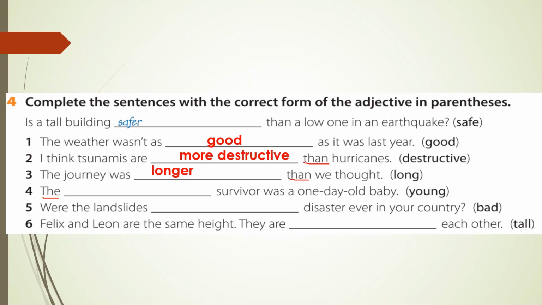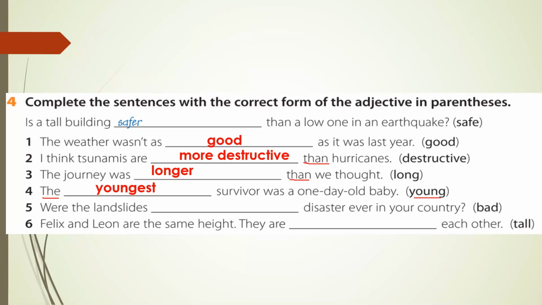When I'm using superlative form, I use the and then the superlative with est. Here a short adjective, young, one syllable. That's why I say youngest, o mais jovem, the youngest survivor. In comparison to all of them, all the survivors, this baby was the youngest.